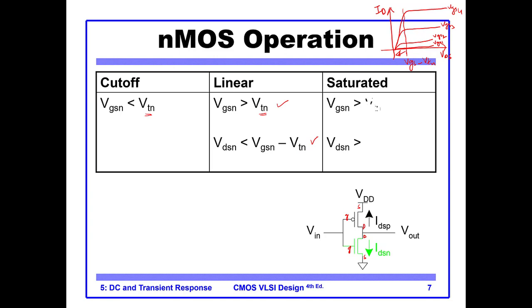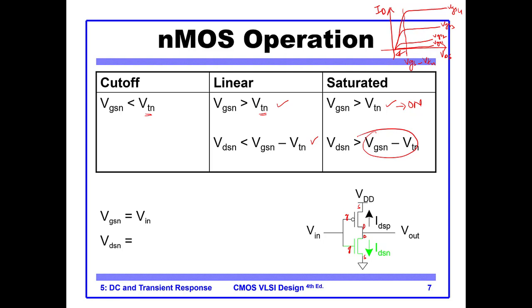And in the saturation region, again VGS should be greater than threshold, because this is what is required for the transistor to be on, and VDS is now greater than this value. Before it was less, now it is greater than this value.